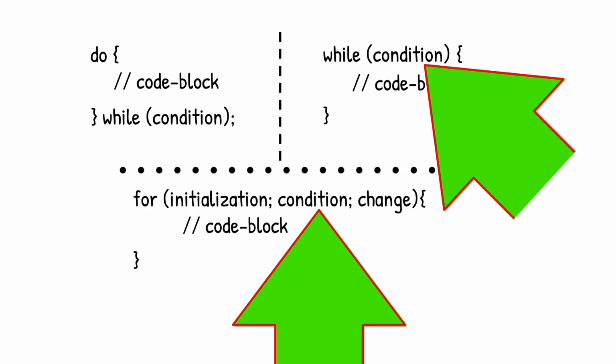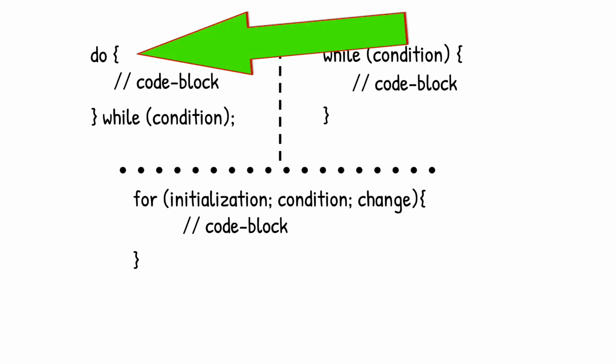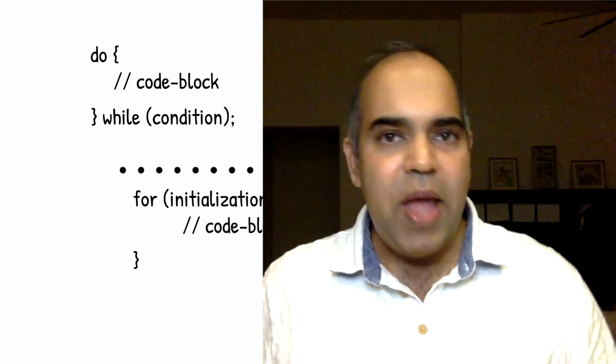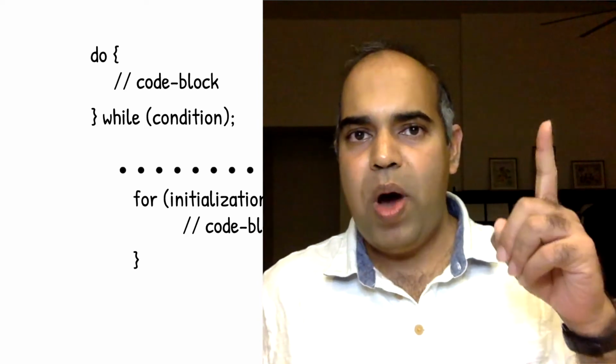If the condition results in false, the execution does not go inside. In contrast, there is no condition before going inside the code block of the do-while loop. That means the code block will execute at least once.